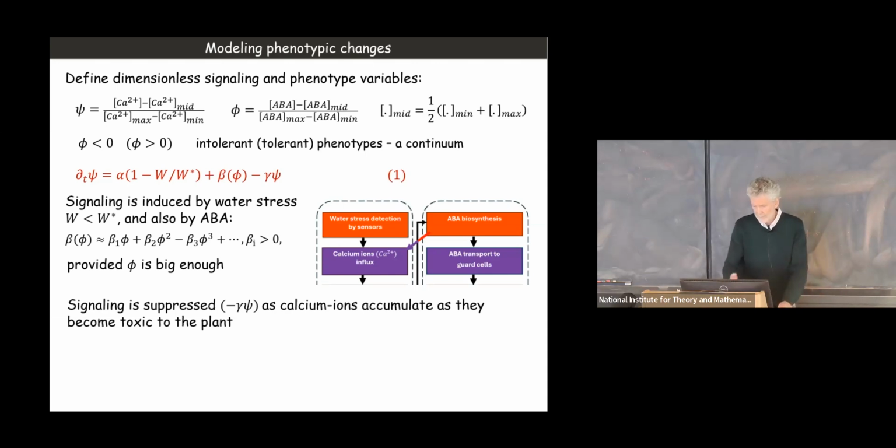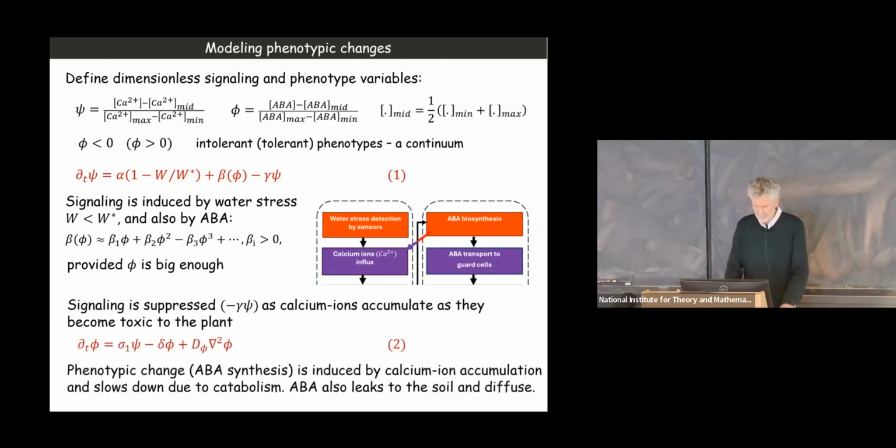Then we have another term, minus gamma psi, which represents the fact that as calcium ions accumulate, they become toxic to the cell.